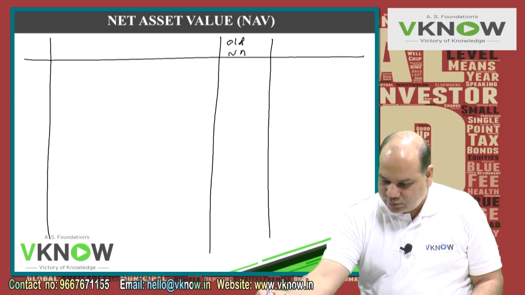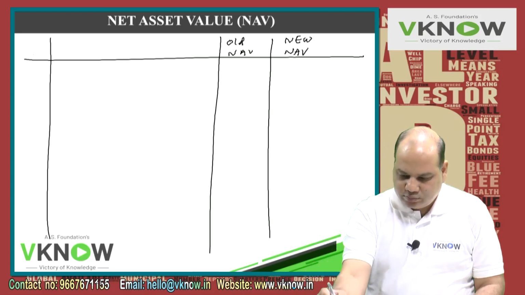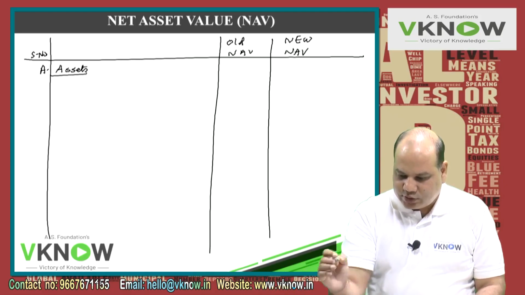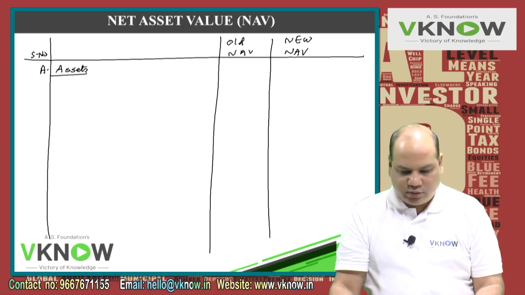Old NAV, new NAV. Serial number A, assets. Old NAV, new NAV in one table only.